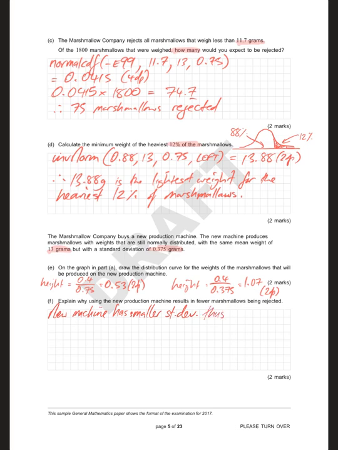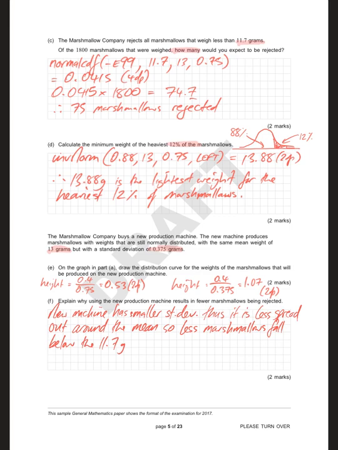Thus, you're not serious when you say thus, it is less spread out around the mean, so less marshmallows fall below the, what was the limit? 11.7 gram level. So less are rejected.